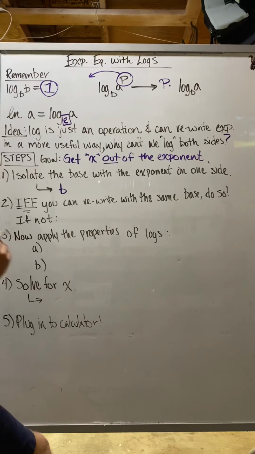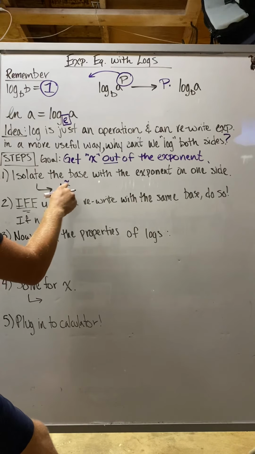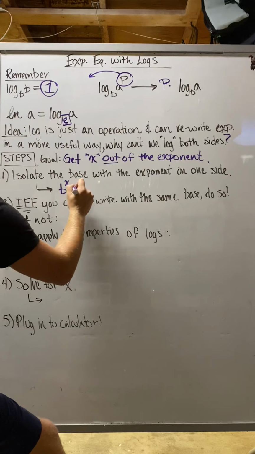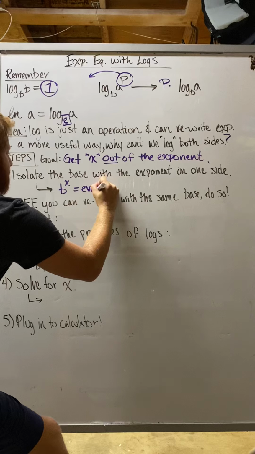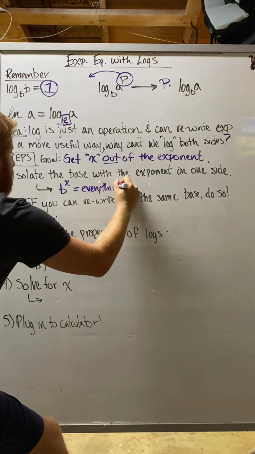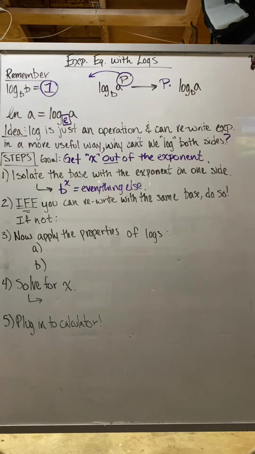You'll have just a base on one side with an x, and this could be like x minus 1, 3x minus 1, whatever, equals everything else. Okay? Now, if that's not happening already, you're going to have to add, subtract, multiply, divide, anything that's not your base with your exponent onto the other side. And once you do that, you're ready to move on to step 2.